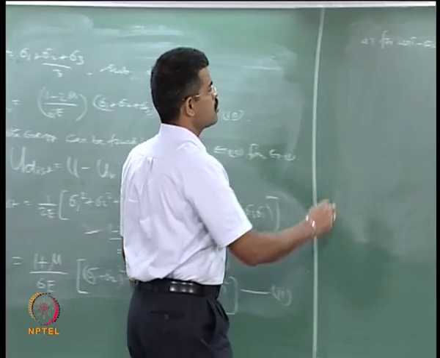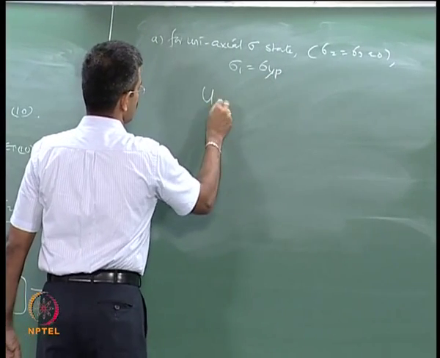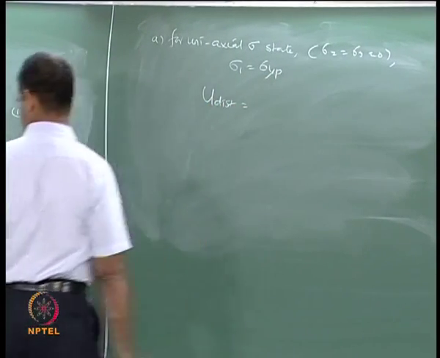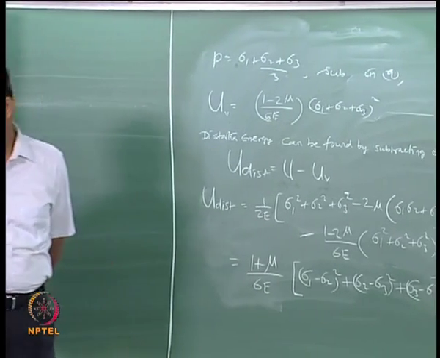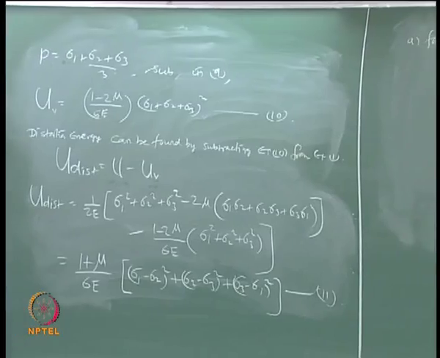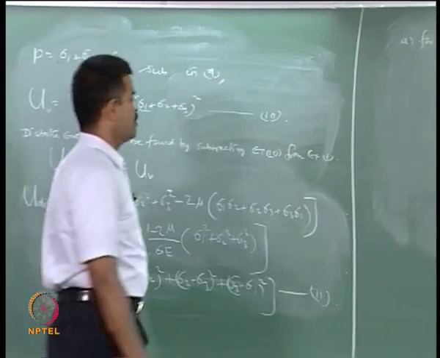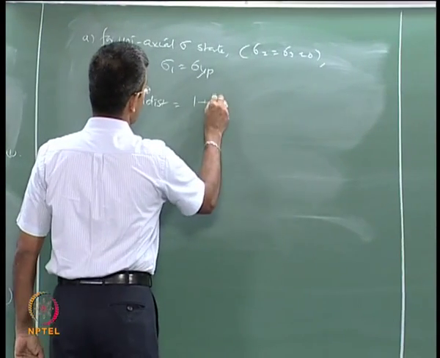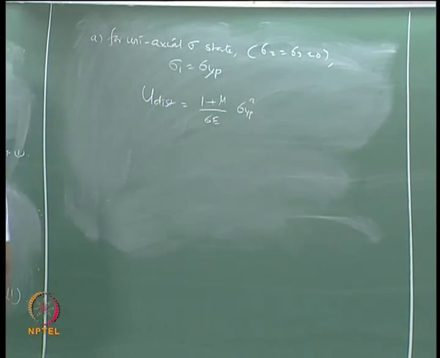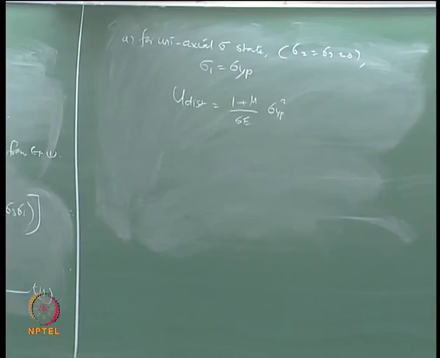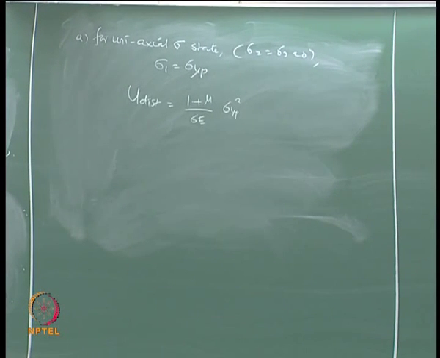So, U distortion is going to be, what will be the value? 1 plus mu by 6E of sigma yp square of twice, because there is one square here, one square here.